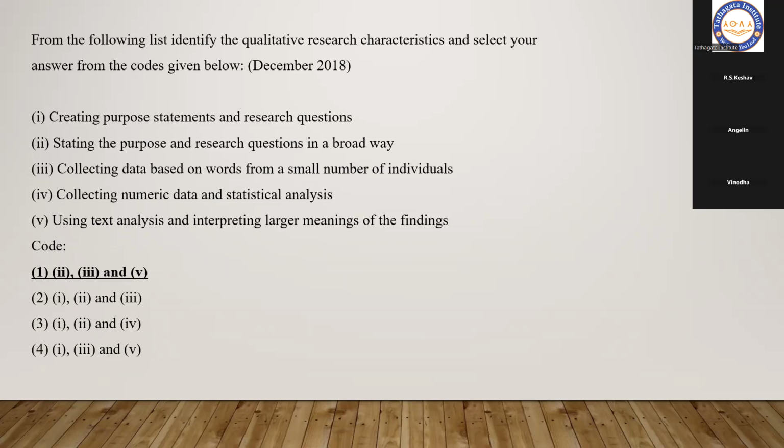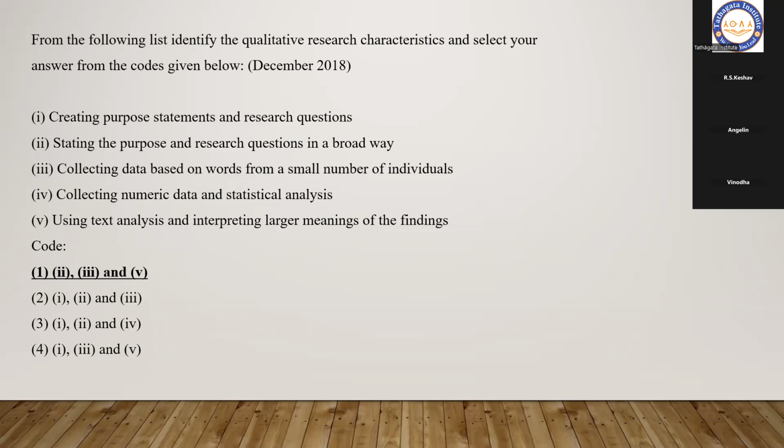So creating a purpose statement and research question is common for all research types. Stating the purpose and research questions in a broad way, collecting data based on words, yes, it is not based on numbers, it is based on words. And then collecting numerical data, no, that falls under the category of quantitative. Using text analysis and interpreting larger meanings for findings.